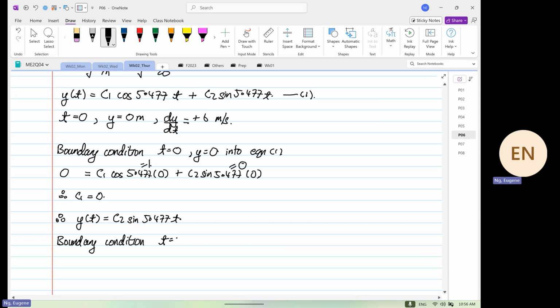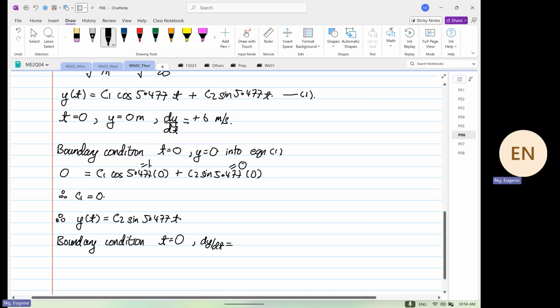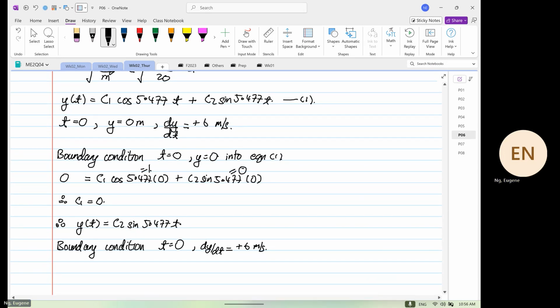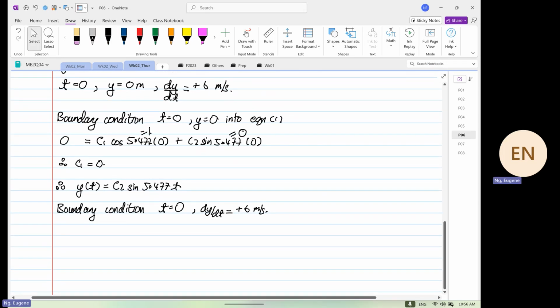So then we apply the boundary condition. When t is equal to 0, dy by dt is equal to what? 6 meters per second positive. Okay. So from here, dy by dt will be equal to 5.477 C2 cos 5.477 t.